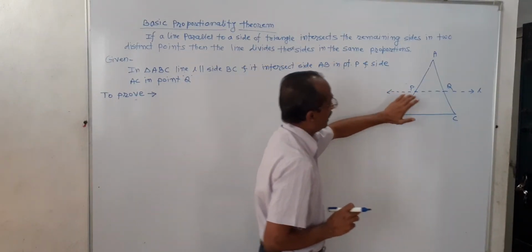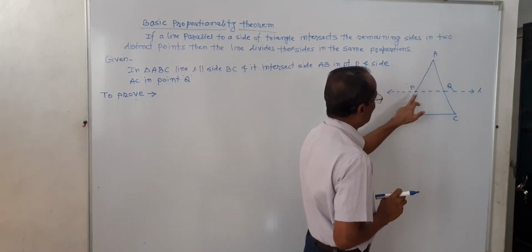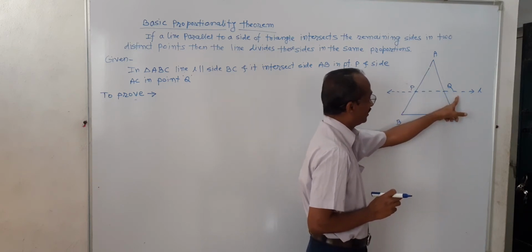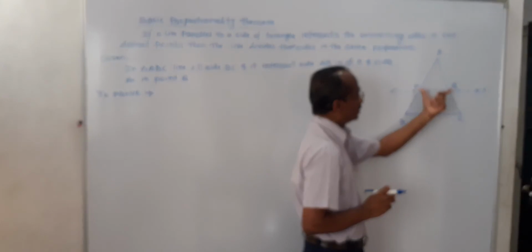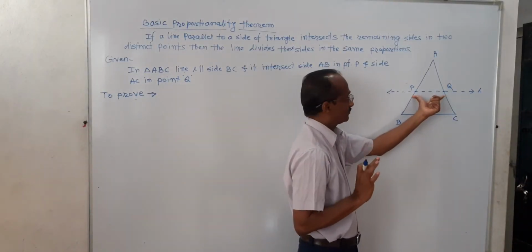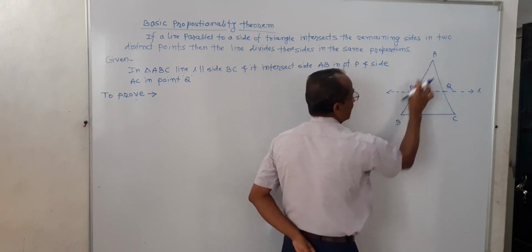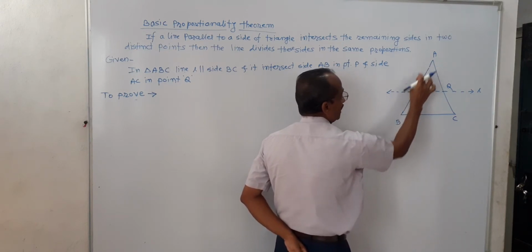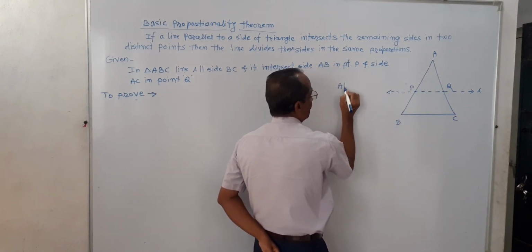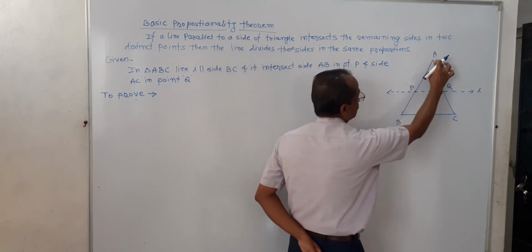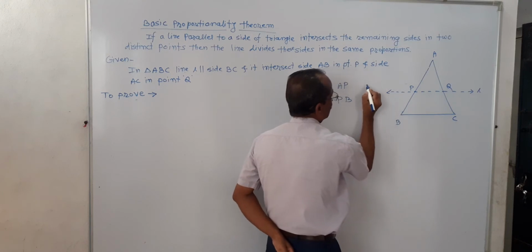Now the next part, if line L intersects AB in point P, AC in point Q, then line L divides these two sides in proportion. What are the parts of side AB after intersection? AP and PB. What are the parts of side AC?